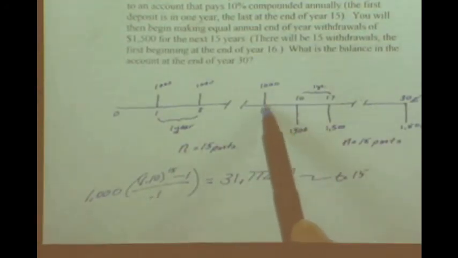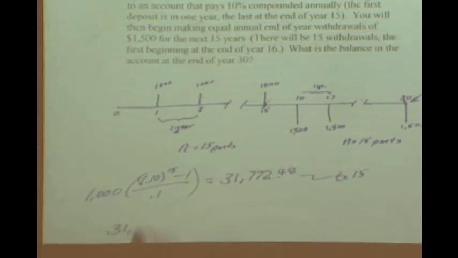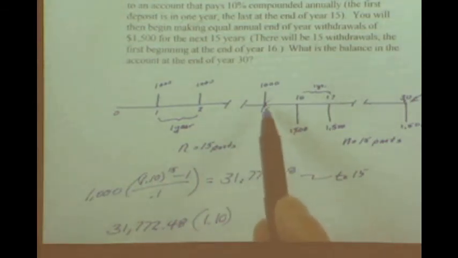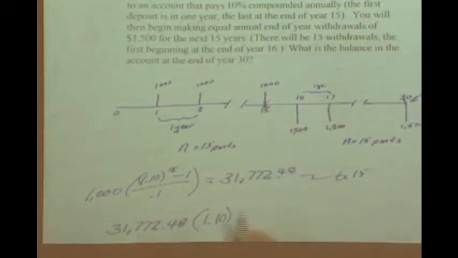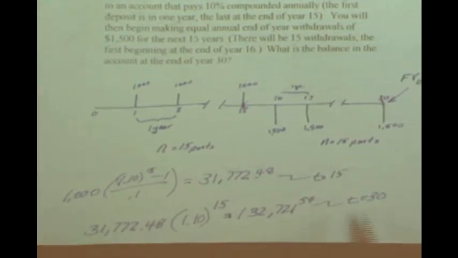Well, now I'm going to move that to time 30, by using my building block equation, and to grow this for another 15 years. So I have an amount of $132,000 at time 30.